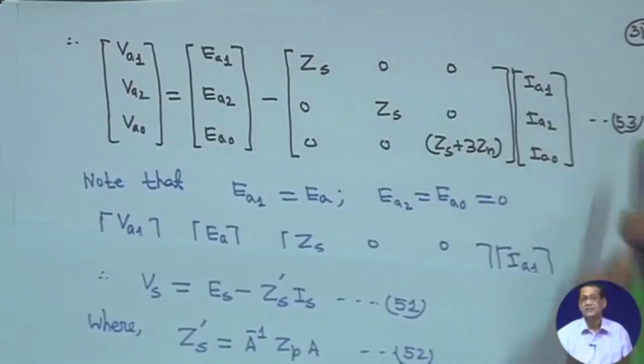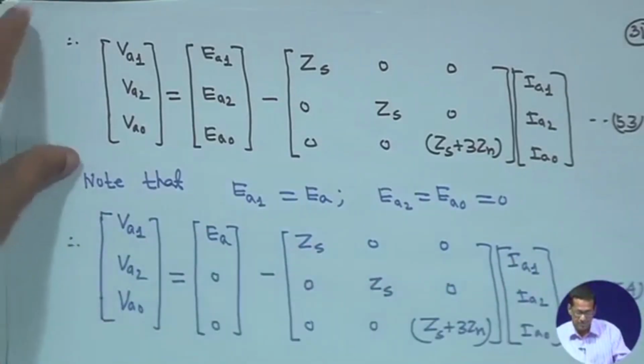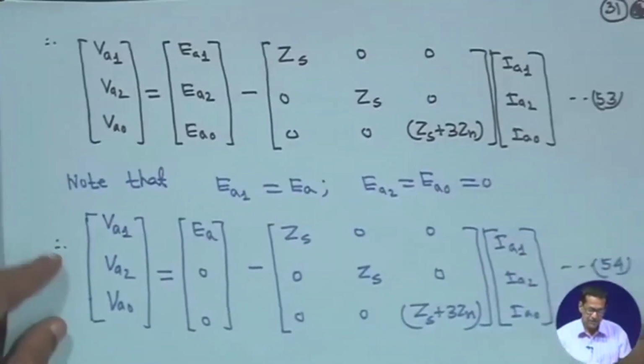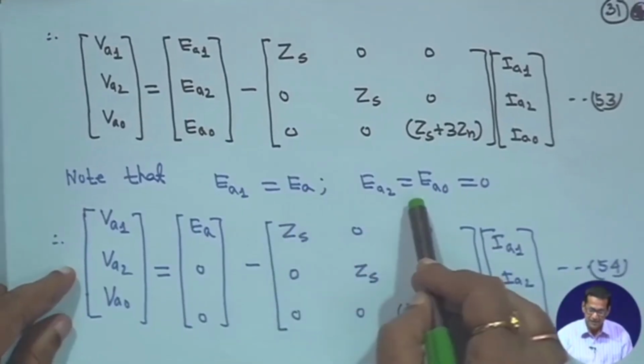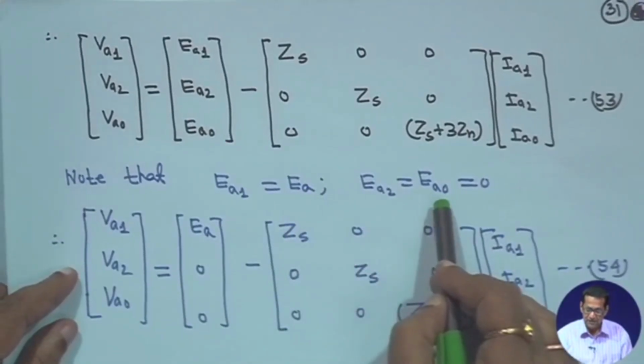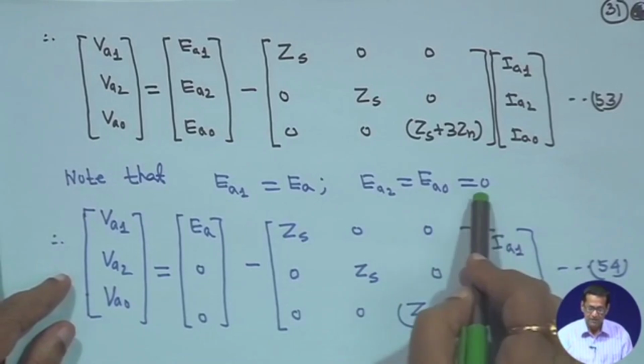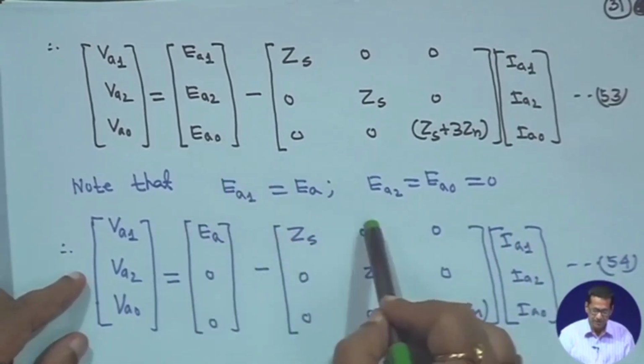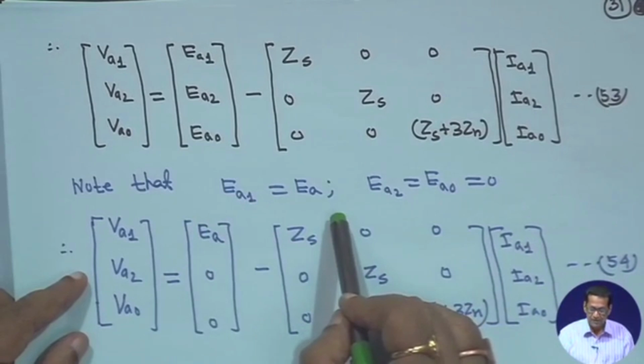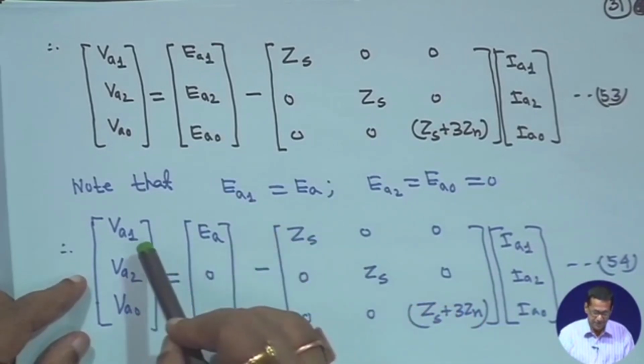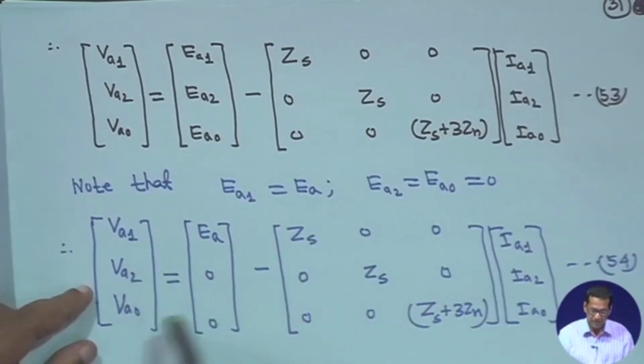This is equation 53. So from this, note that Ea1 is equal to Ea, Ea2 is equal to Ea0 is equal to 0.